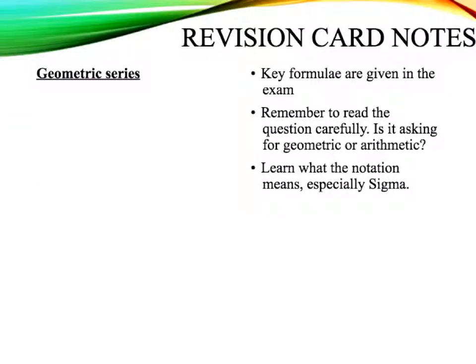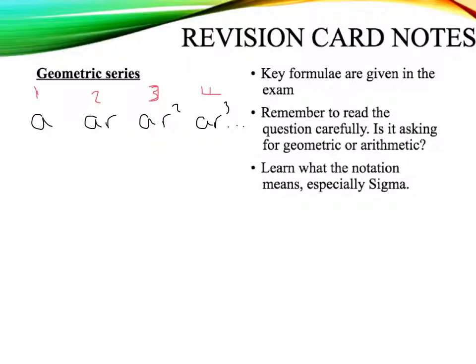For geometric series, remember that the key formulas are given in the exam. You don't need to know too much other than maybe what it looks like in terms of the terms: the first term, second term, third term, fourth term, and so on.